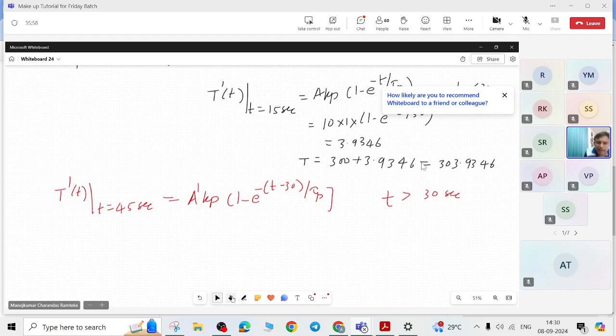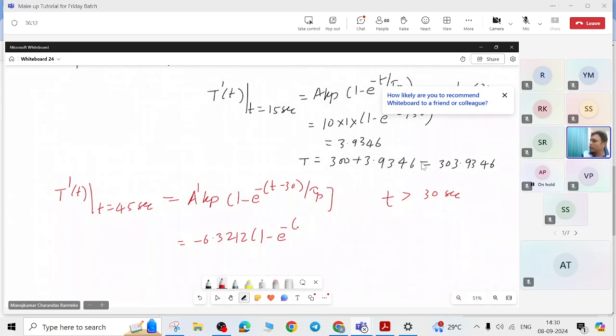So what we are expected to get? This will be minus 6.32, correct? 1 minus e raised to the power minus T, value of T in this case will be 45 minus 30 divided by tau P is 30. So calculate this value. Can anybody tell me what is the value?